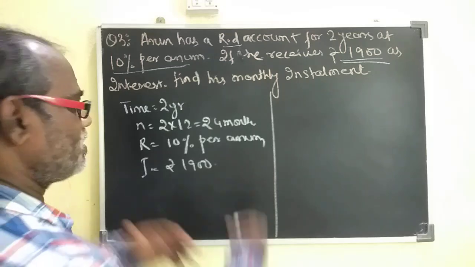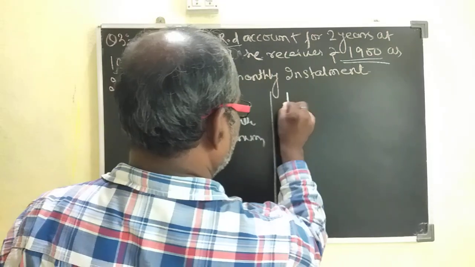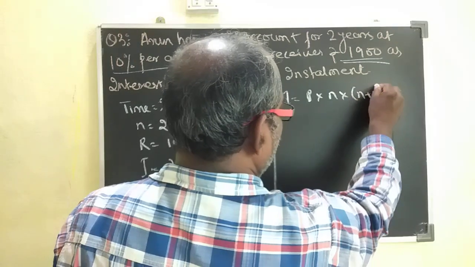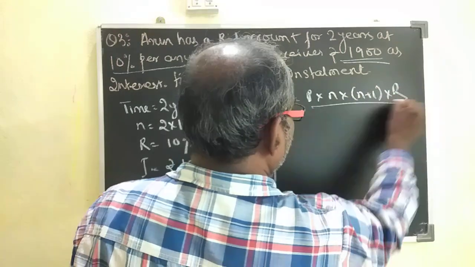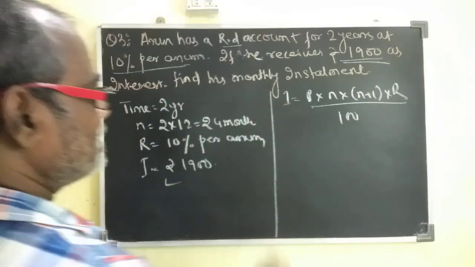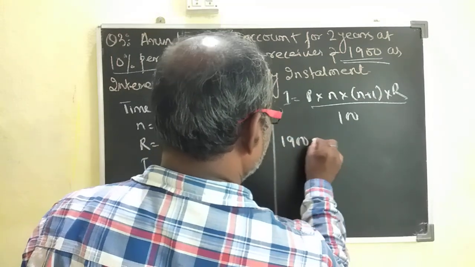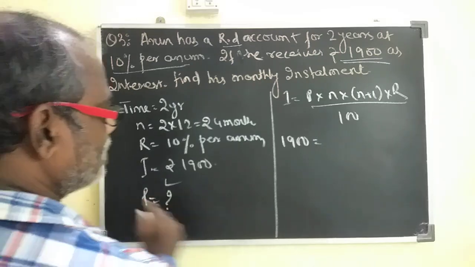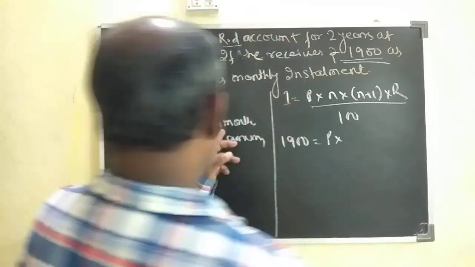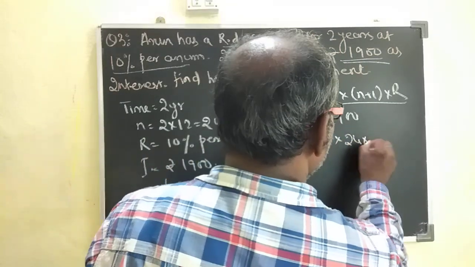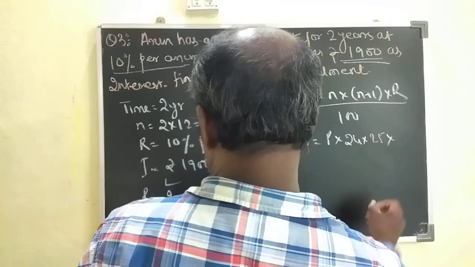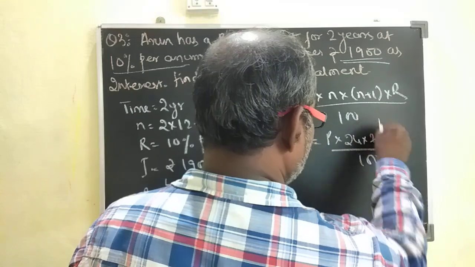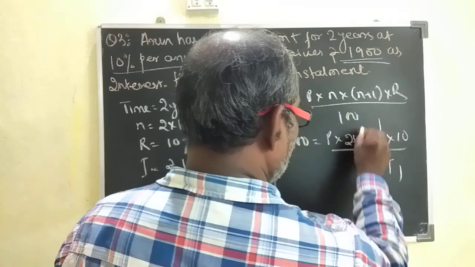This problem, we'll just rewrite the formula I equals P into N into N plus 1 into R by 100. Here I is given 1900, principal we have to find, P equals question mark. P into 24 into 25 into 10 by 100. So 25 ones are 25, 25 fours are 100, 4 ones are 4, 4 sixes.